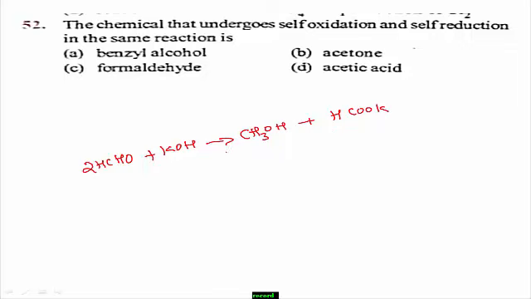You learned about the Cannizzaro reaction. Here formaldehyde is taken as an example. When it is treated with potassium hydroxide, it is oxidized as well as reduced. Therefore, option C formaldehyde is the right answer.